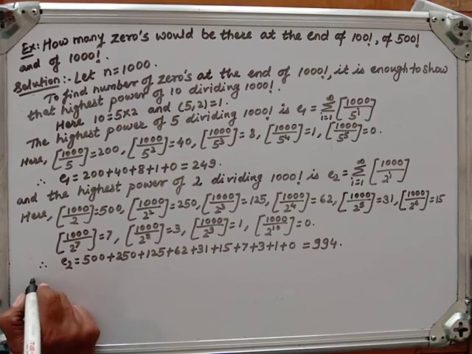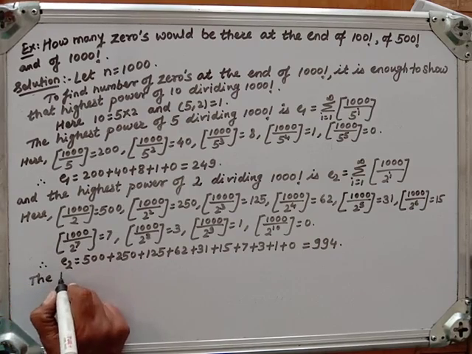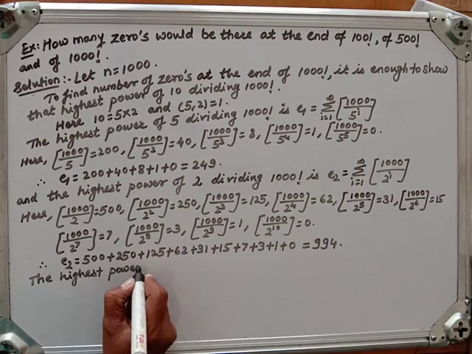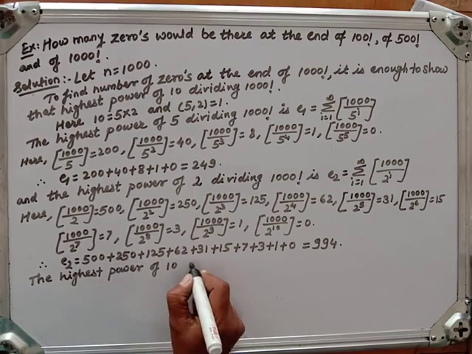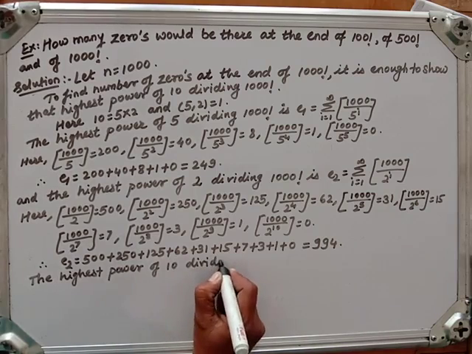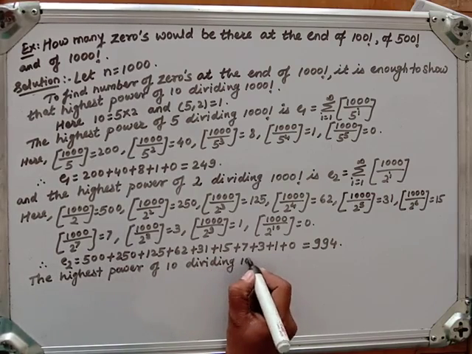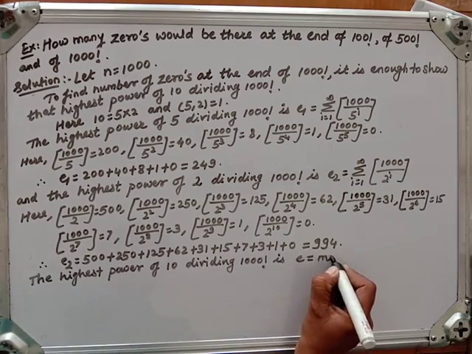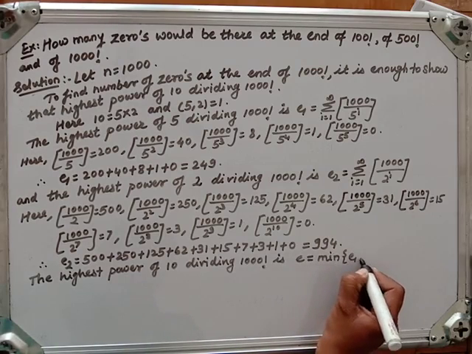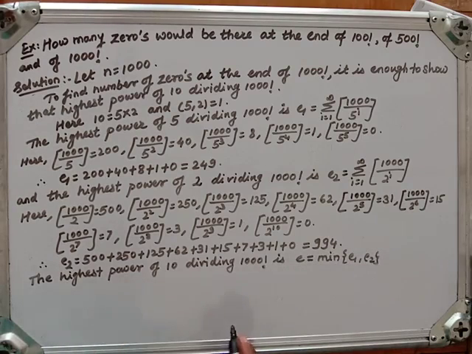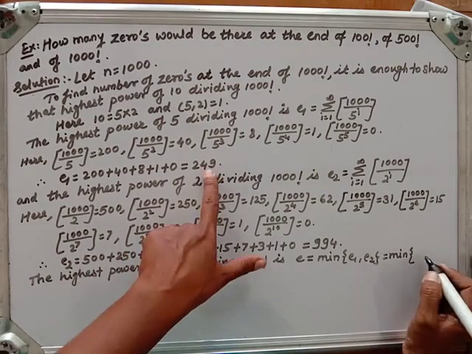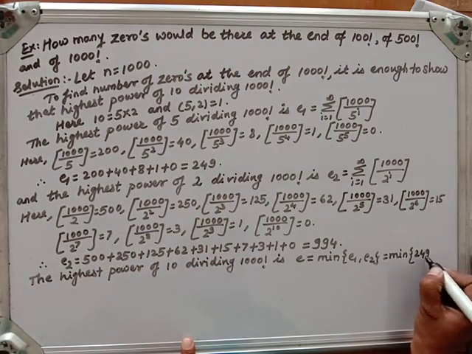Now, hence, the highest power of 10 dividing 1000 factorial is E equal to minimum of E1, E2, that is minimum of E1 is 249 and E2 is 994.